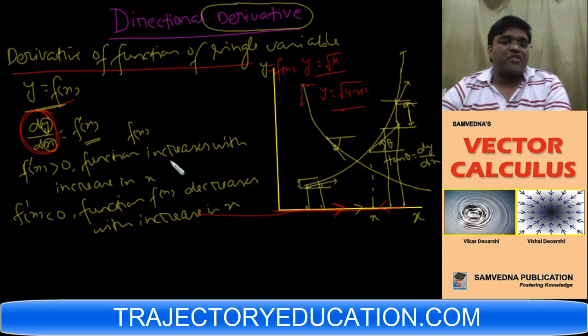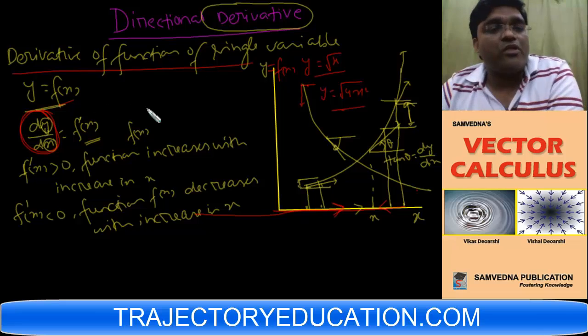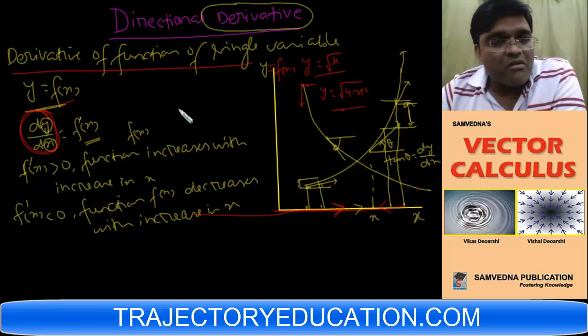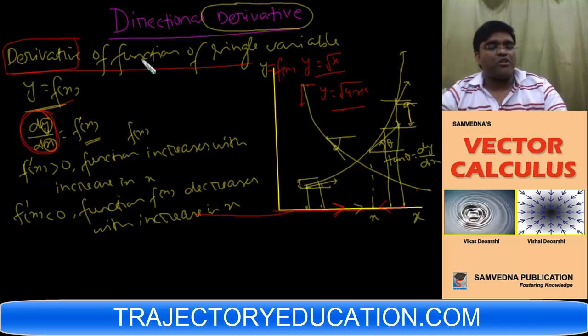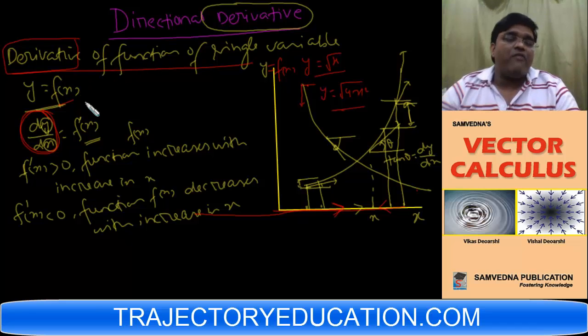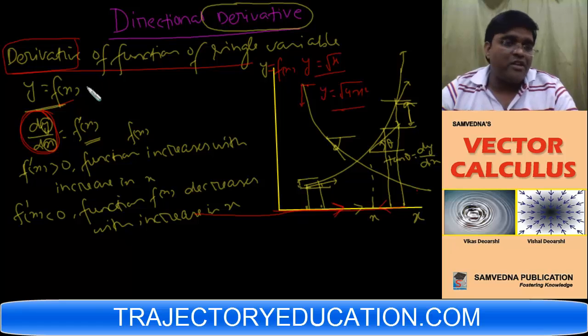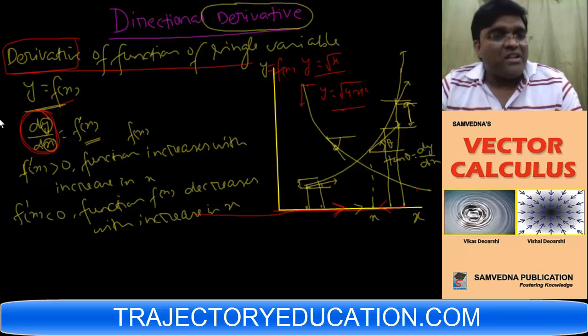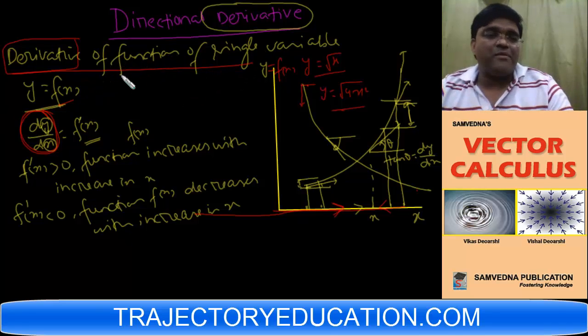But the scenario changes when we are talking about functions of two variables. Now let me move to the function of two variables and understand the notion of the derivative of a function of more than one variable. See, the derivative of a function of a single variable is pretty easy because the domain is one dimensional.